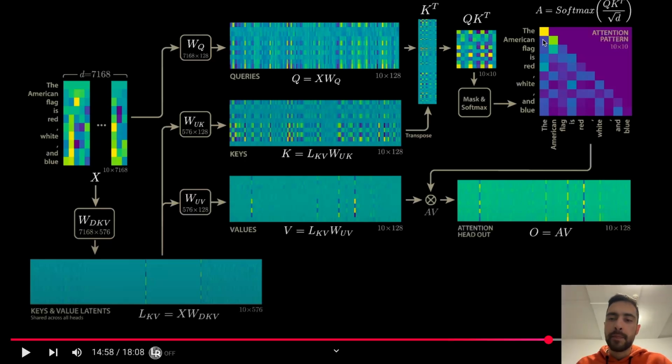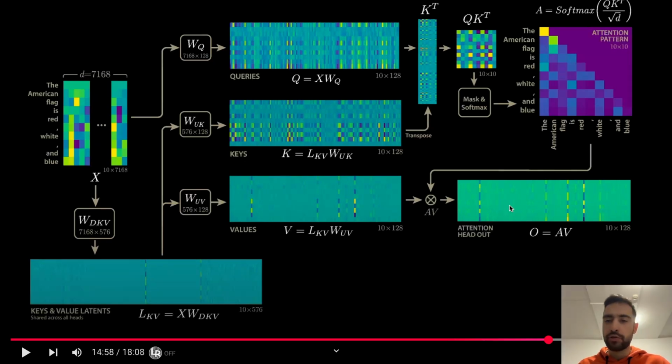So we take the first row that represents "the", multiply with 0.2, take the second row here that represents "American", multiply with 0.8, and then add up those two. And write a second row here, which means that because we multiplied the second row "American" with a lot bigger number, 0.8, this final result will have a higher proportion of that in it. And that's how we calculate this entire output matrix.